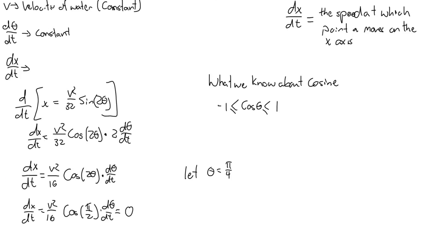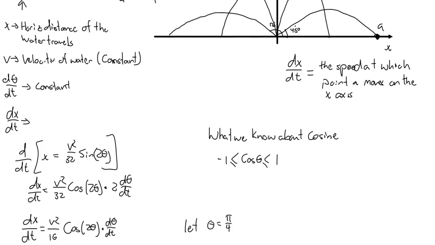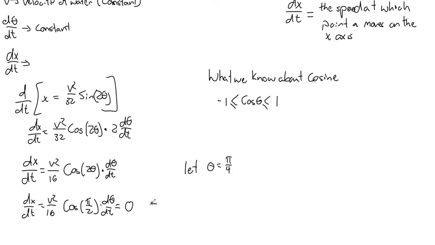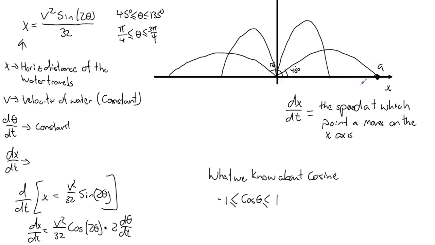When theta is 45 degrees, this, for a moment, comes to rest. It has no horizontal velocity. So when you're around A, it's going very slowly.